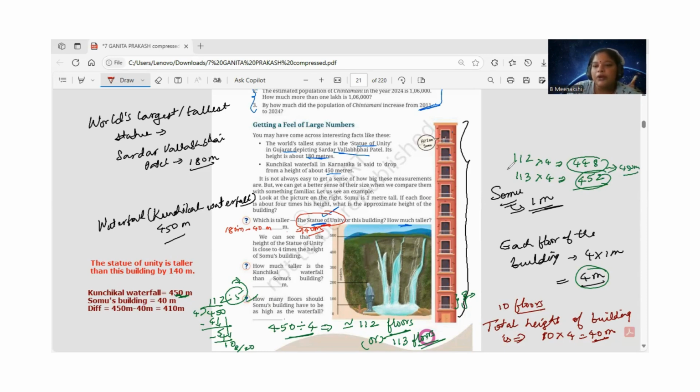So the building should contain approximately 112 floors or 113 floors. This is how we get a feel for larger numbers. I hope you have understood.